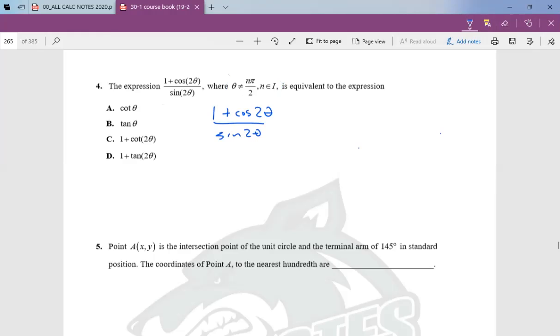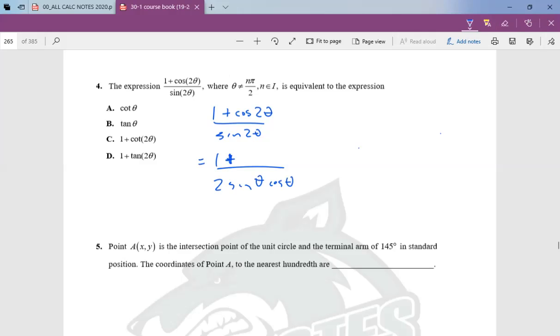Let's go ahead and see what we can do with 1 plus cos 2 theta over sine 2 theta. I would probably start with dealing with this denominator first, before we get too far into cosine 2 theta, because we don't have any choice of what sine 2 theta looks like. Sine 2 theta we know is going to be 2 sine theta cos theta.